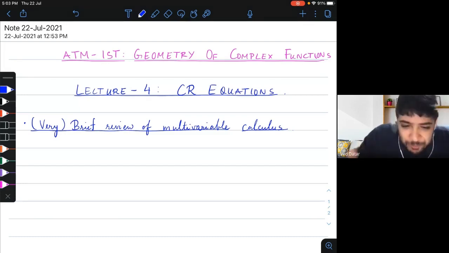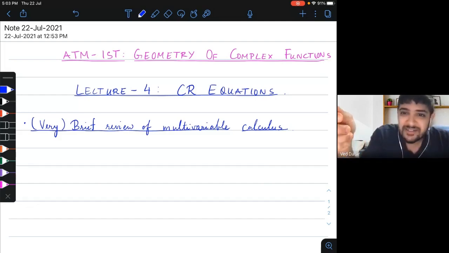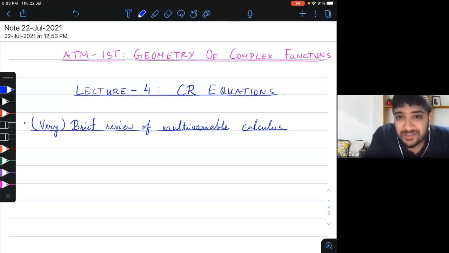The complex plane, at least as a topological space, is the same as R2, right? So if you're given a map between two sets in the complex plane, you can also interpret that as a map between two open subsets of R2, the two-dimensional Euclidean space.